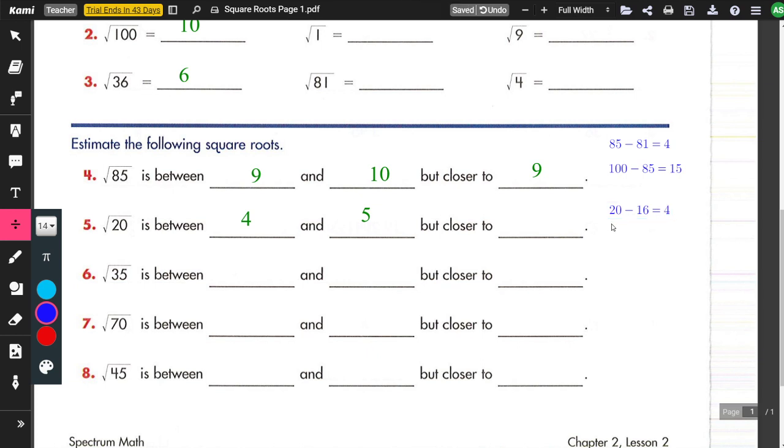Then we do the same thing with 5 squared, which is 25, minus 20 equals 5. As you see, it's closer to 4 squared than 5 squared, because 4 is smaller than 5. Not these numbers, but these numbers when we subtract the square from it. It's just ironic that it happened to be 4 for 4 squared and 5 for 5 squared.